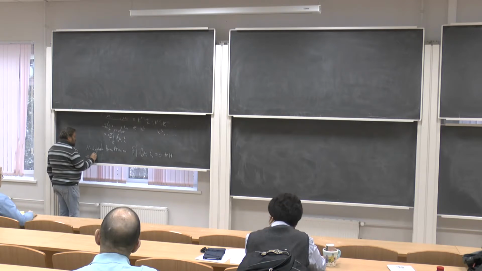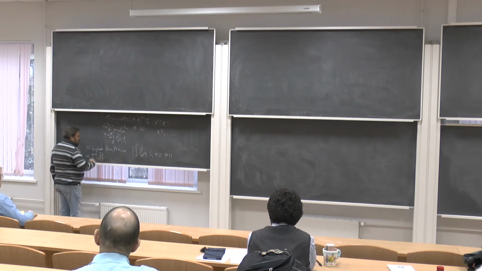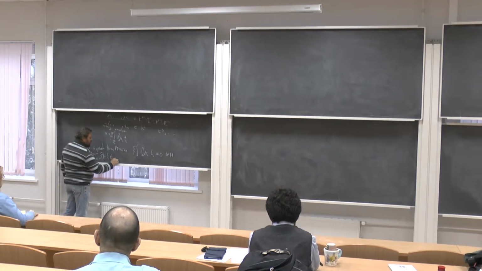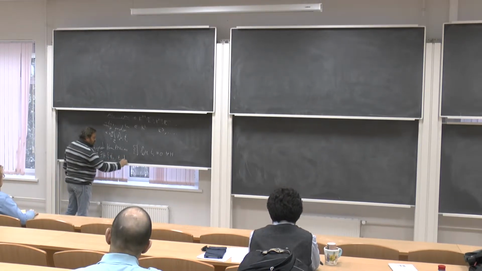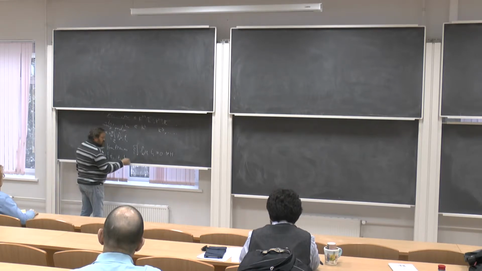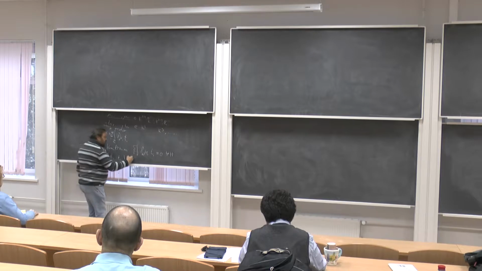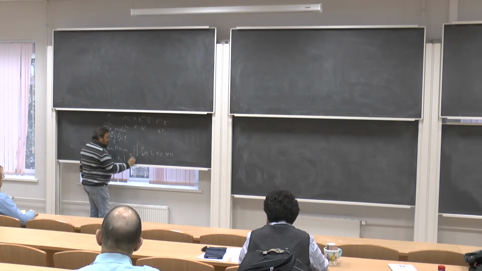So T star of our space T hat at the point mu will be equal to the collection of T_2, etc., T_n, such that there is some operator, d bar plus something, acting on T_i equals 0.